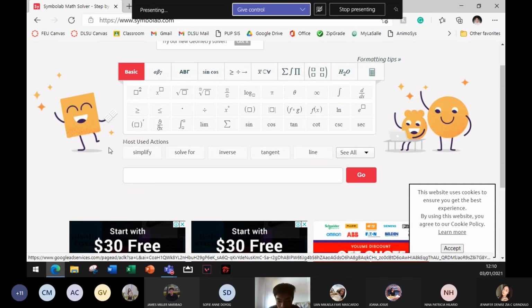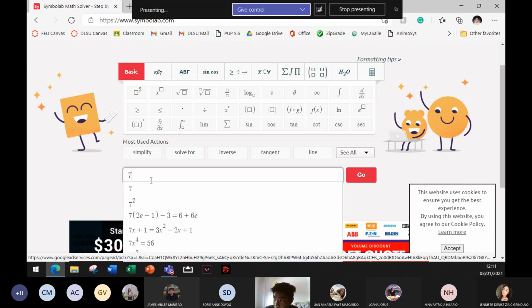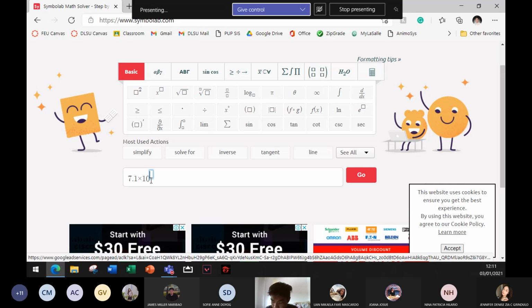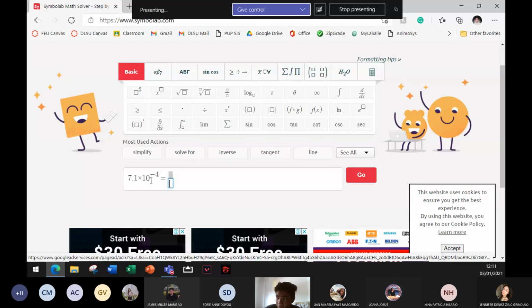Hindi mo ilalagay yung buong problem dito, siyempre. Yung quadratic equation lang. Kunwari, ano yung quadratic equation natin kanina? We have 7.1 times 10 raised to negative 4. Plug in ko dito yung equilibrium expression. That's equal to, ano yung nasa numerator natin kanina?